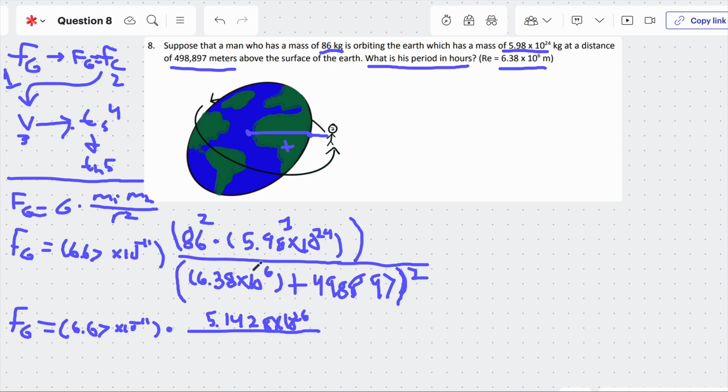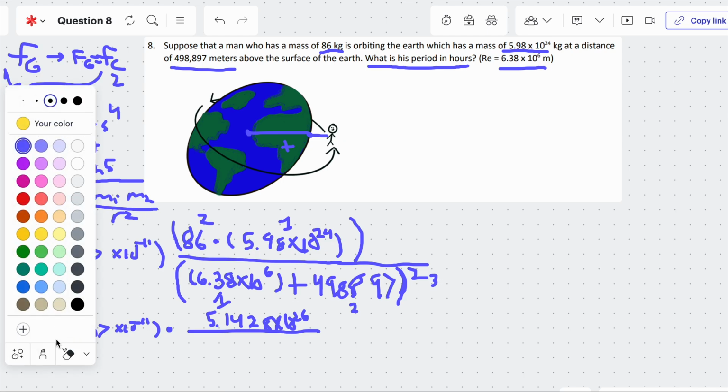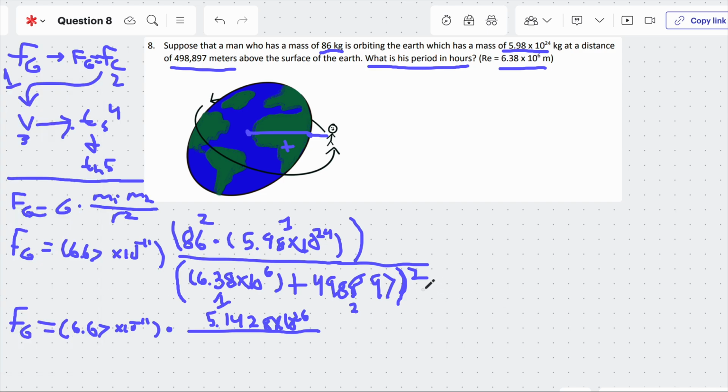Okay, and then we're going to figure this out. So if you don't know how to plug this into your calculator, do this first, add that second, and then square it third. I'm going to rewrite that because that looks like you're putting it to the 23rd. Okay, so let's see. First steps first.